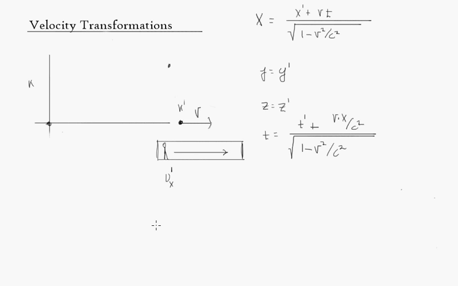And throughout this whole video, we're going to keep careful track of when we're talking about primed quantities or unprimed quantities, because that's what we're working with this whole time, translating from one to the other. And so the question is, if the person on board the train is able to measure the guy walking with a certain velocity, what will the person off the train measure the velocity of the person as?